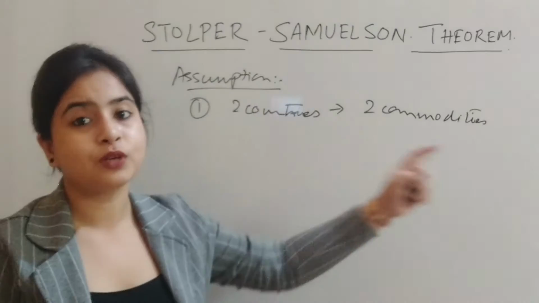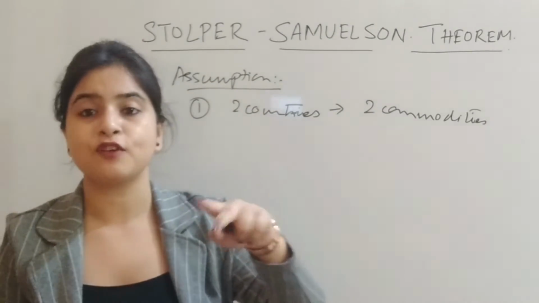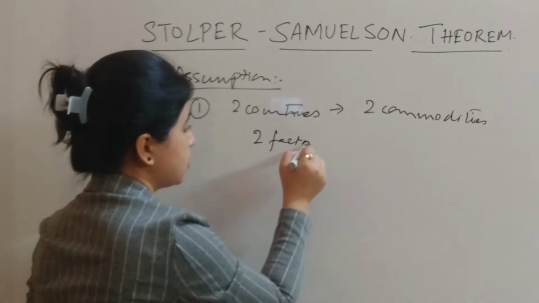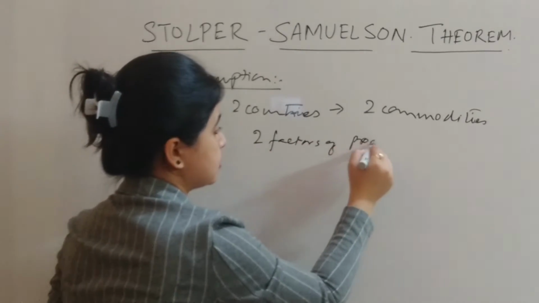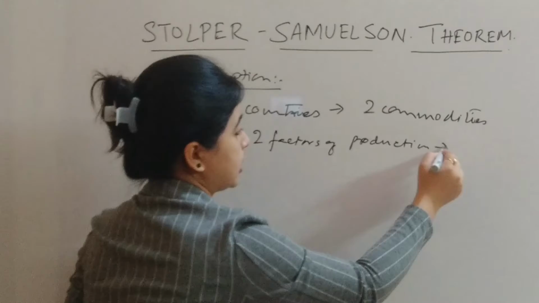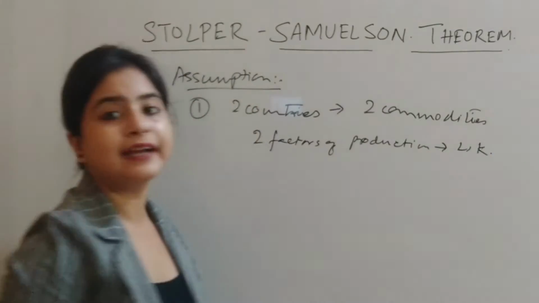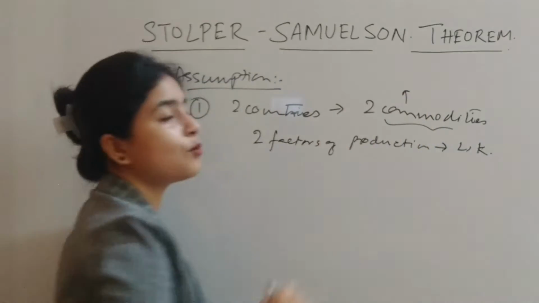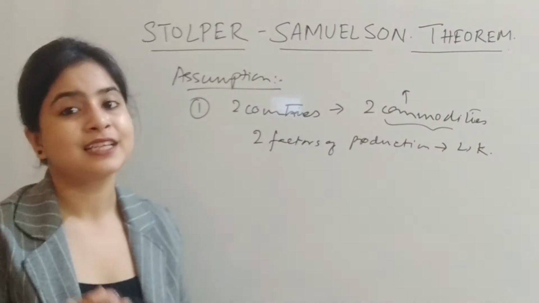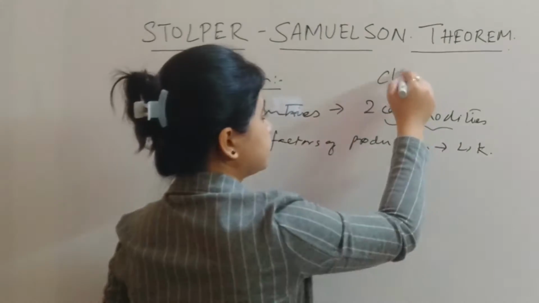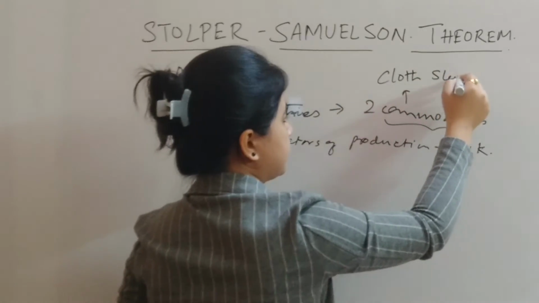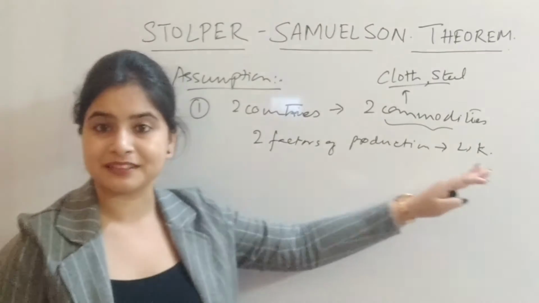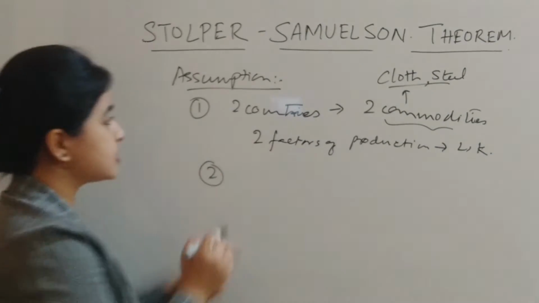And for this production they are employing 2 factors of production. What are the 2 factors of production? Let's say labor and capital. And as I said, 2 commodities. Let the commodities be cloth and steel. Cloth and steel, and this is labor and capital. Okay, this is the first assumption.